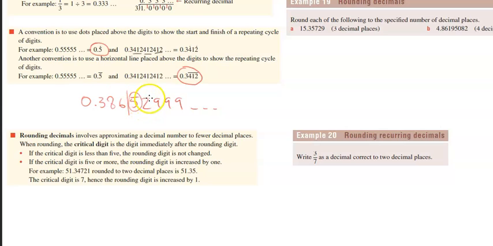If it was the fourth one, the critical digit would be the fifth one. If we're rounding to the sixth number, our critical digit would be this one here. Okay, so we'll be looking into critical digits. And we also got to note that if a critical digit is less than 5, then the rounding digit is not changed.